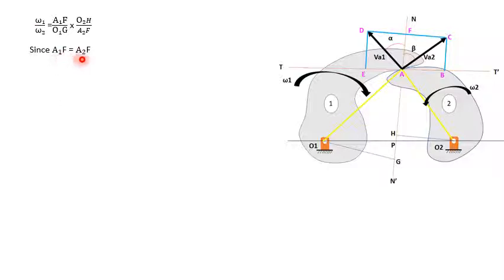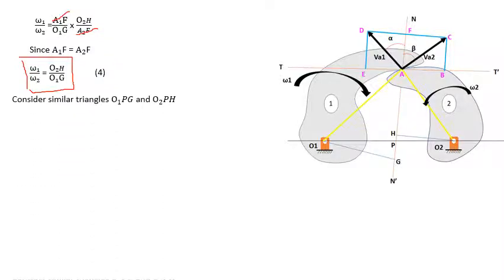Since A1F is equal to A2F, because this is the common side for both the triangles, A1F and A2F get cancelled. This is the remaining term: omega 1 divided by omega 2 is equal to O2H divided by O1G, where omega 1 and omega 2 represent the angular velocities. Call this equation number 4.